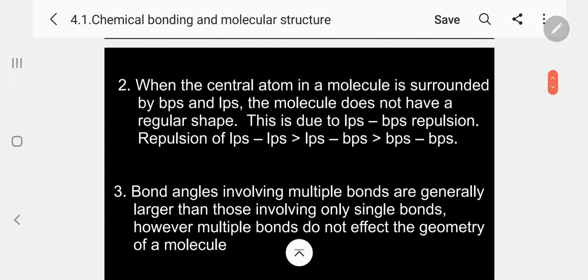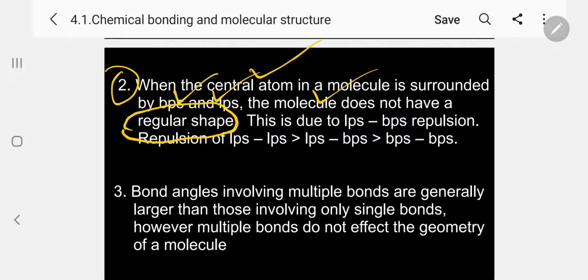Now, the second postulate is our answer. Kindly follow. According to valence shell electron pair repulsion theory, when the central atom in a molecule is surrounded by bond pairs and lone pairs, the molecule does not have a regular shape. That means the shape is changing.